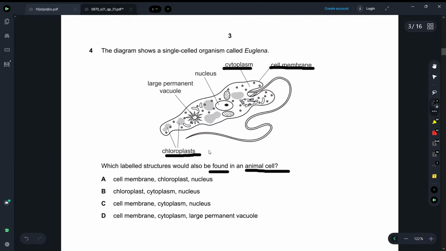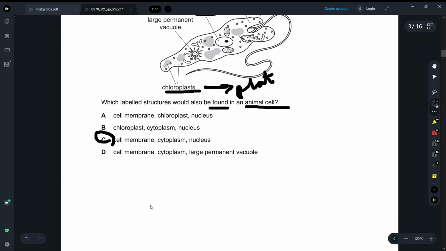Chloroplast is found in the plant cell, because it needs to photosynthesize, but animal cells don't need to photosynthesize, so they don't have it. They do have a nucleus, obviously, for the activities to be carried out. So cell membrane, cytoplasm where the reactions happen, and lastly the nucleus. So it is C for this one.